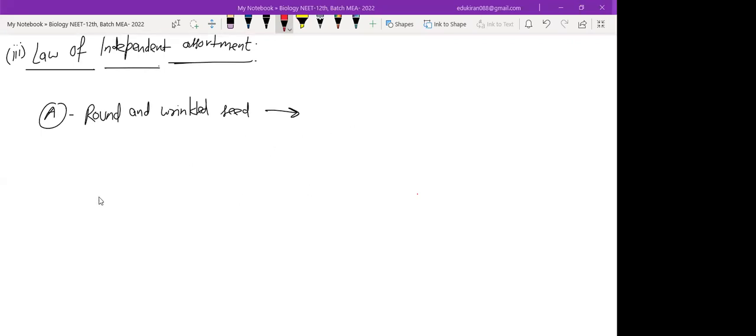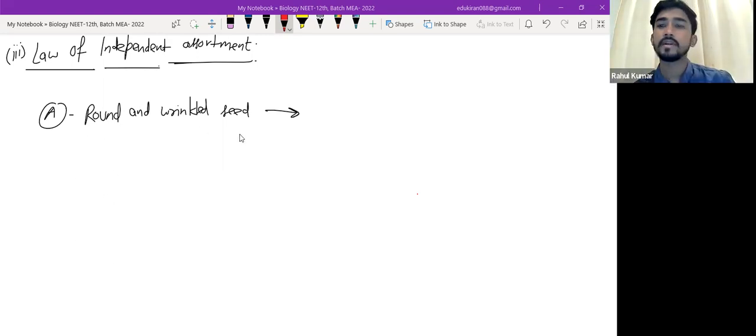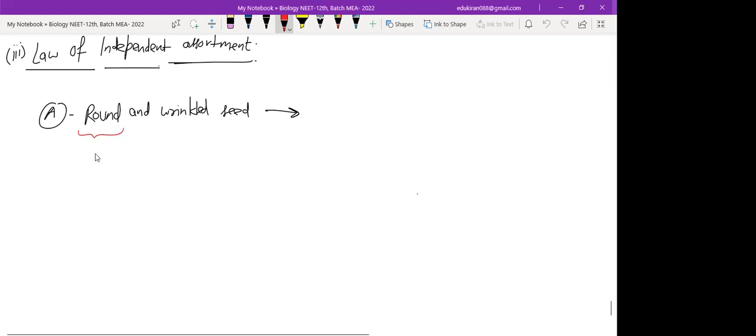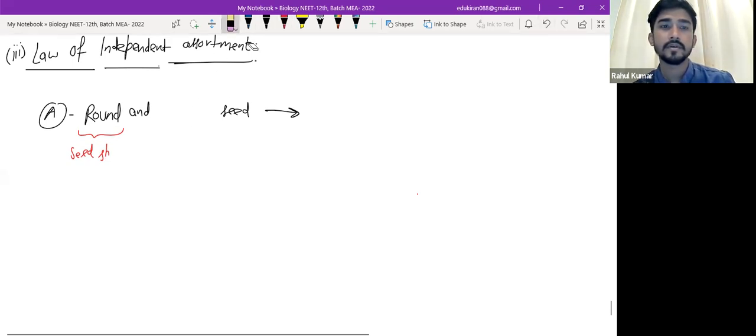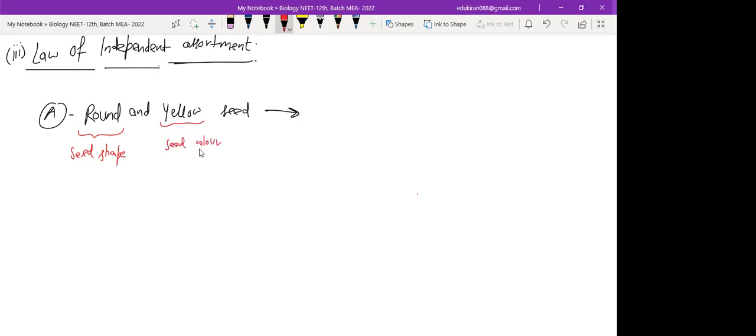I was asking, if I say there is a round and yellow seed, then how many characters am I talking about? 2. Yes, this one word is talking about seed shape, and this is talking about seed color, right?